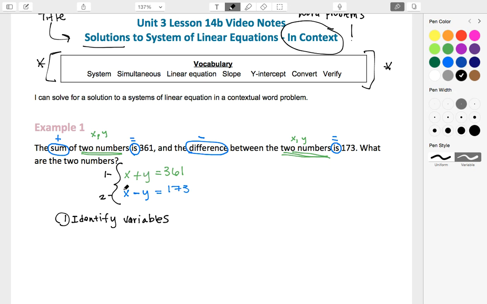Well, they didn't actually specify what x and y are. So we can say x is a number, and then we can say y is a different number. It's very vague, but they didn't give us any specifics, but we still want to label what our x and y values are.